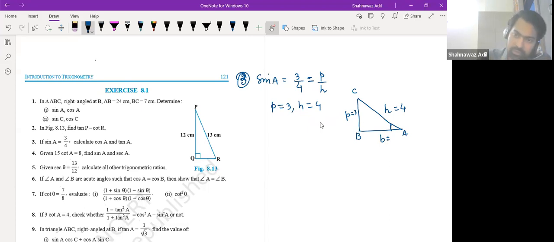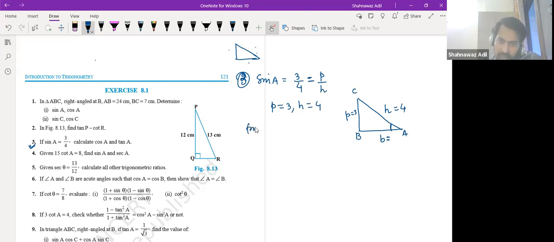In the third question, they are telling us to calculate cos A and tan A. If we know all the sides, because in a right angle triangle we have to find out all the sides, then we can calculate all the ratios, right? So we are trying to find out this third side. We know hypotenuse, we know perpendicular.